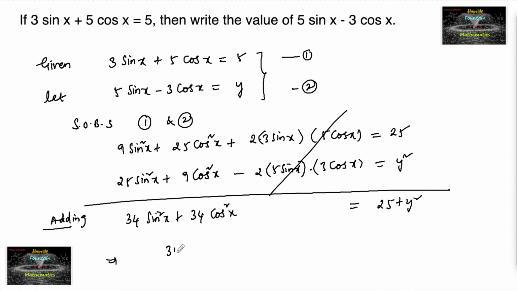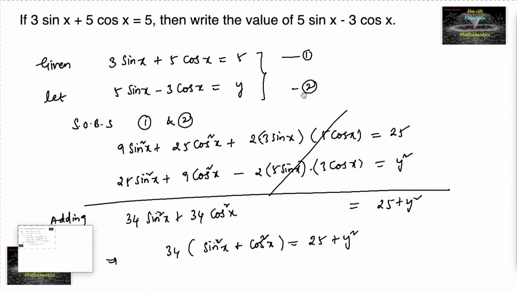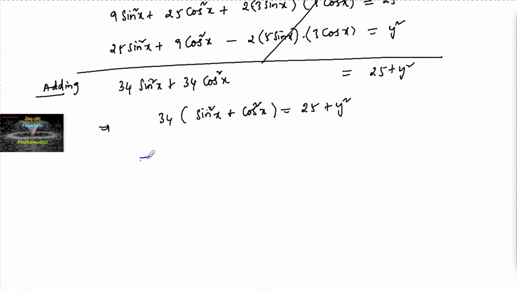So 34 times (sin square x plus cos square x) is equal to 25 plus y square, or this can also be written as 34 is equal to 25 plus y square.